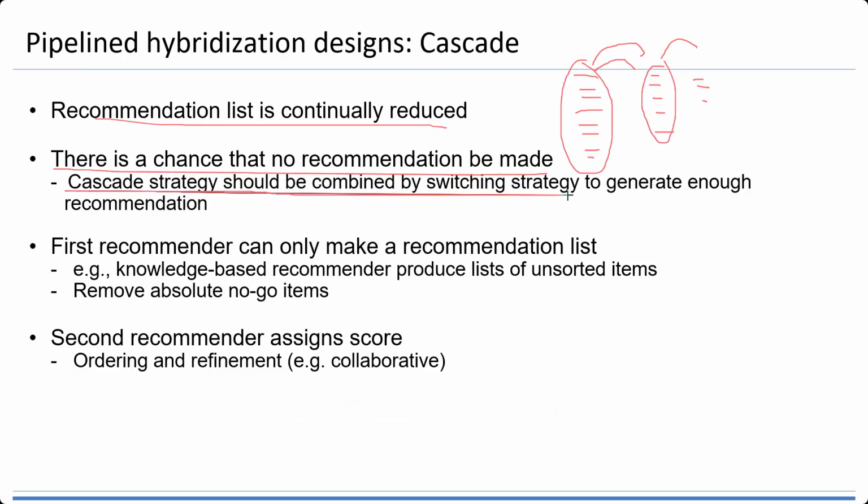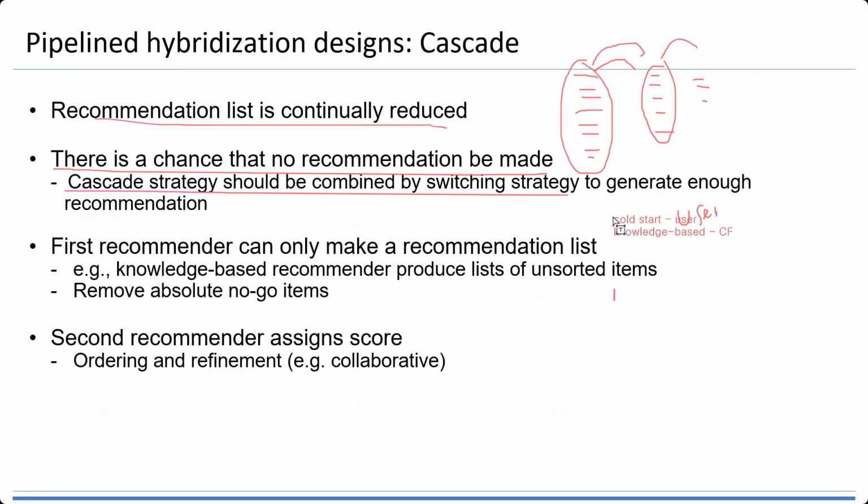You still remember the switching strategy? Okay. In the switching strategy, let's say we want to know about the user for the cold start problem. For the cold start problem for a user, we can use the knowledge base and then combine it with collaborative filtering.